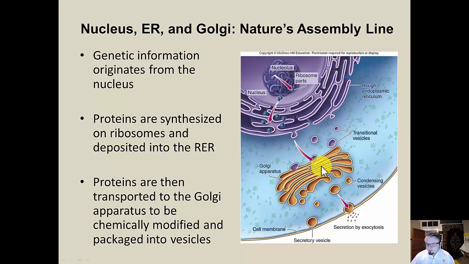The products would migrate through the Golgi apparatus and be modified, and then come out the other side and be repackaged, and then be ready to be sent somewhere within the cell. So some of these vesicles will then migrate to the cell membrane, and then the products within would be dumped outside the cell.